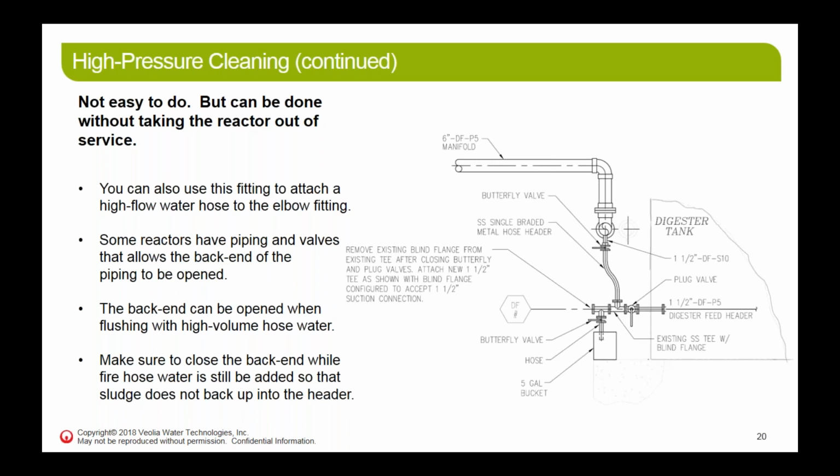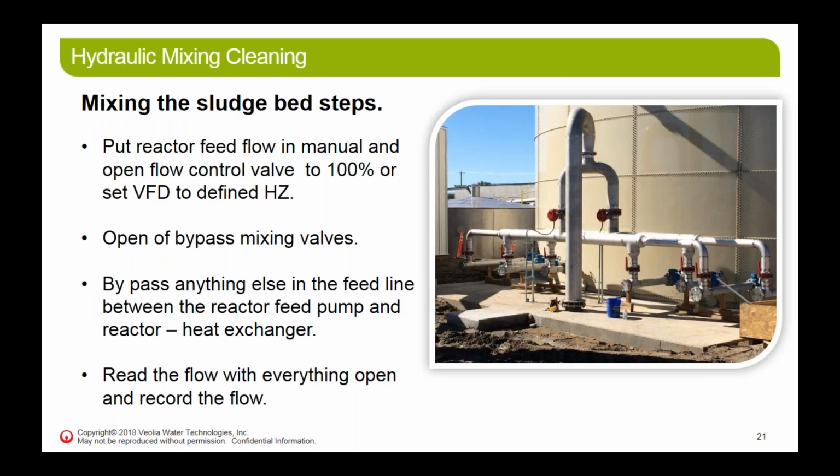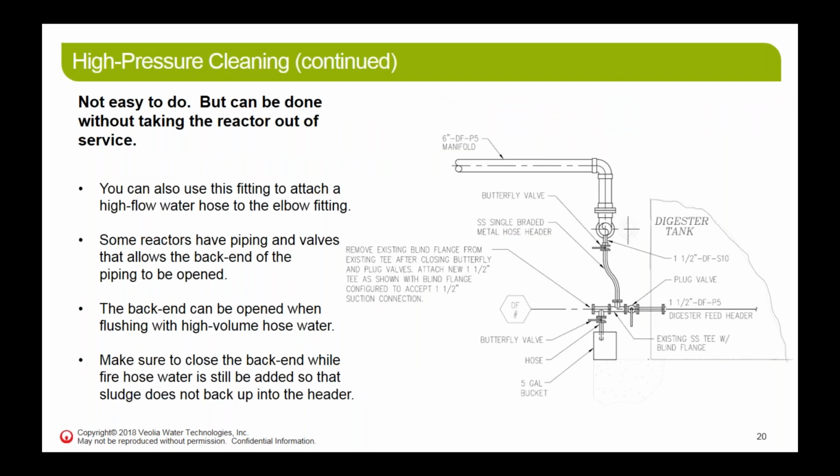On these headers, some of you have a header that goes straight through the reactor and has a flange on the back end. When you do that, you can open up that back flange, attach it to some hosing, and make sure that the contents are going to go someplace where they can go, like to a drain. And again, turn the high-pressure water on and just let everything flush out through the back end.